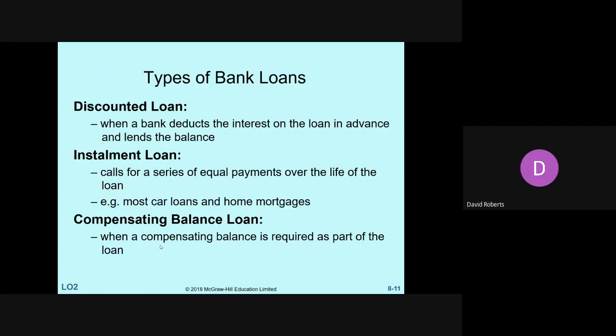So it's very difficult for the borrower, because it kind of jacks up the interest rate. You have to pay interest on 22. You have to pay back 22,000, but you only get 20. So it's like a $2,000 administration fee.